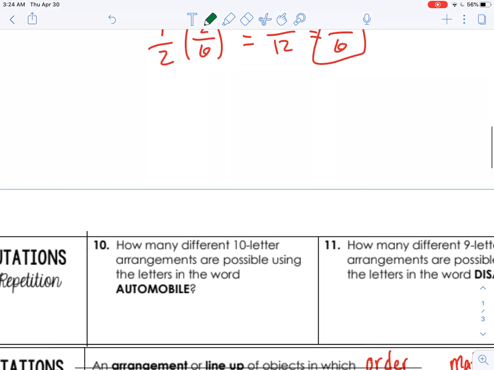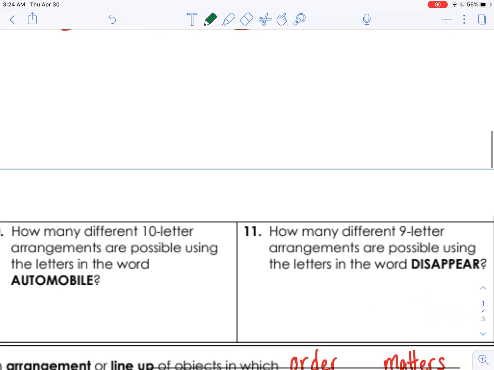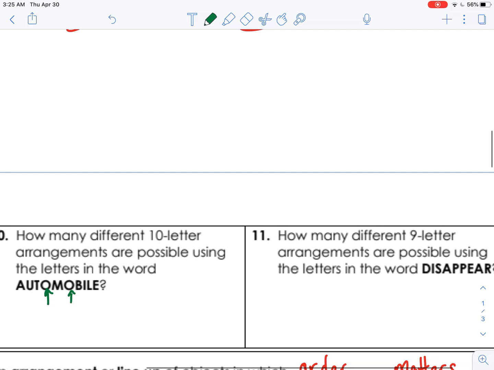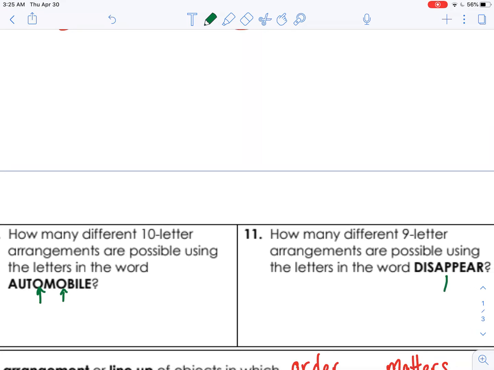There's one thing that we haven't covered yet that I want to do today. And this is just like arranging the letters in Dinosaur or Office or whatever it is. There's only one difference. What if I have repeated letters? So be on the lookout for repeated letters.